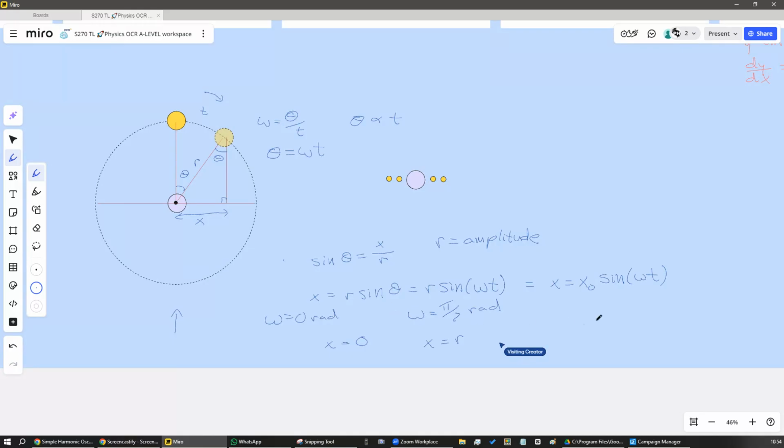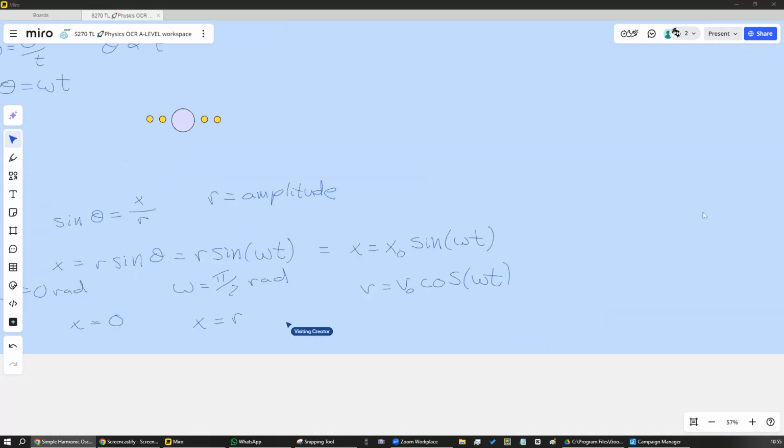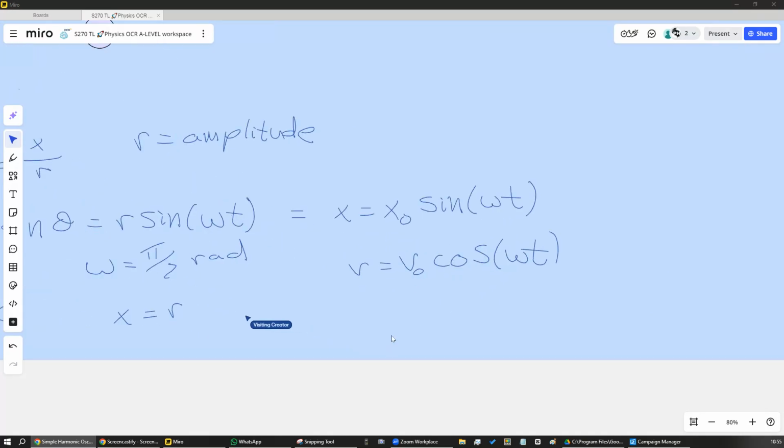And then we looked earlier on about how we can differentiate this. So we know when we differentiate sine, we get cos. So dx by dt, which would be velocity, would be equal to the maximum velocity multiplied by cos. Oh, actually, I wonder if the relationship's a little bit more complicated than that. Let me just have a quick look. Yeah, I got that wrong, actually. We're going to differentiate it properly, mathematically.